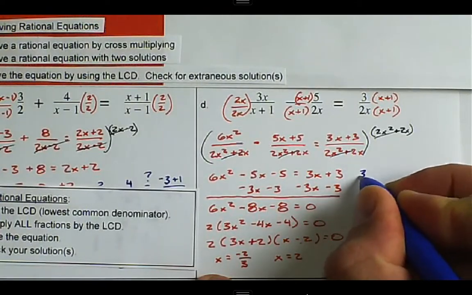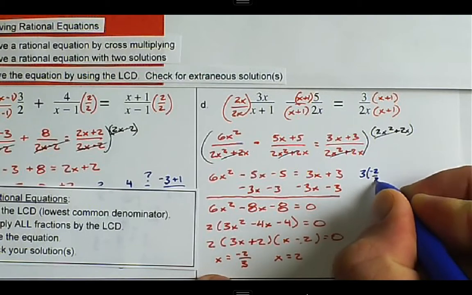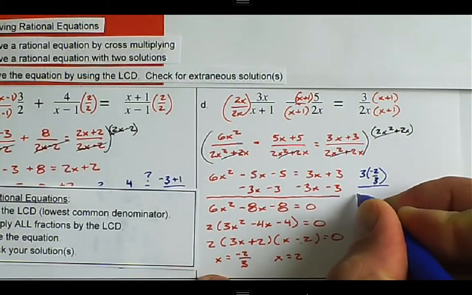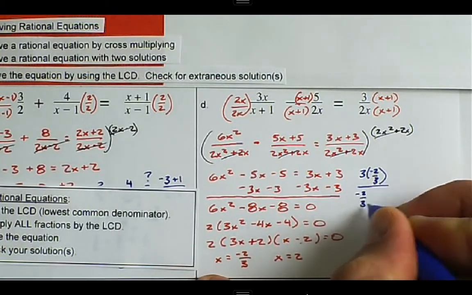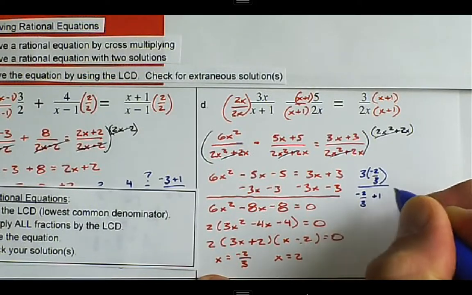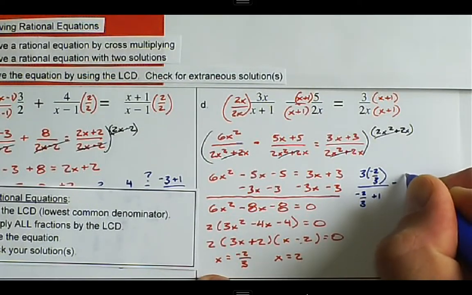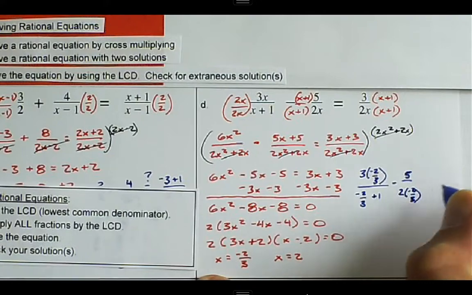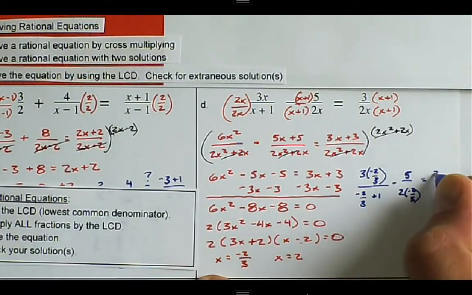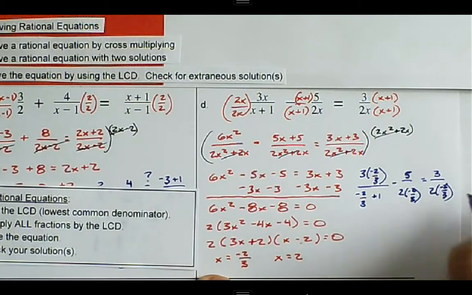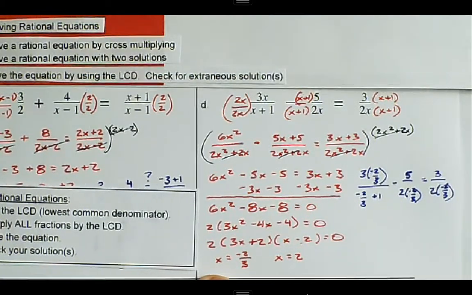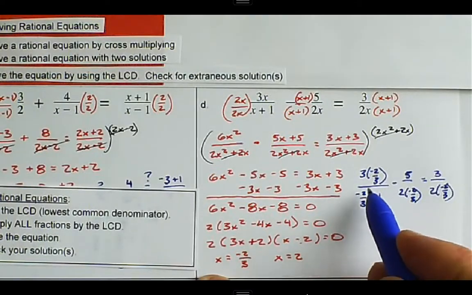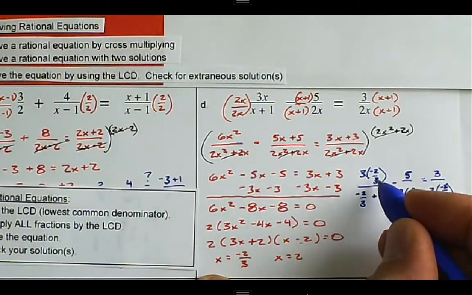So 3 times negative 2/3 over negative 2/3 plus 1, minus 5 times 2 times negative 2/3, is equal to 3 times 2 times negative 2/3. And what we get is our 3's cancel here.